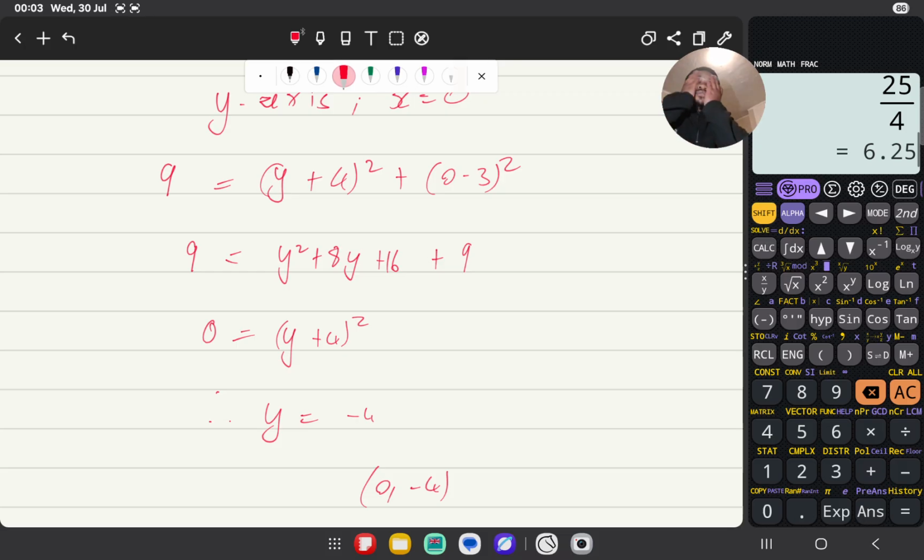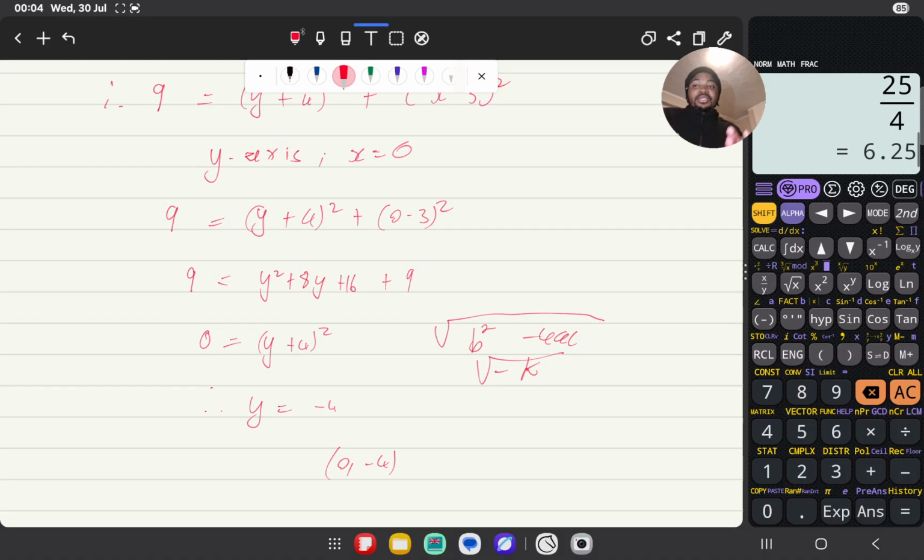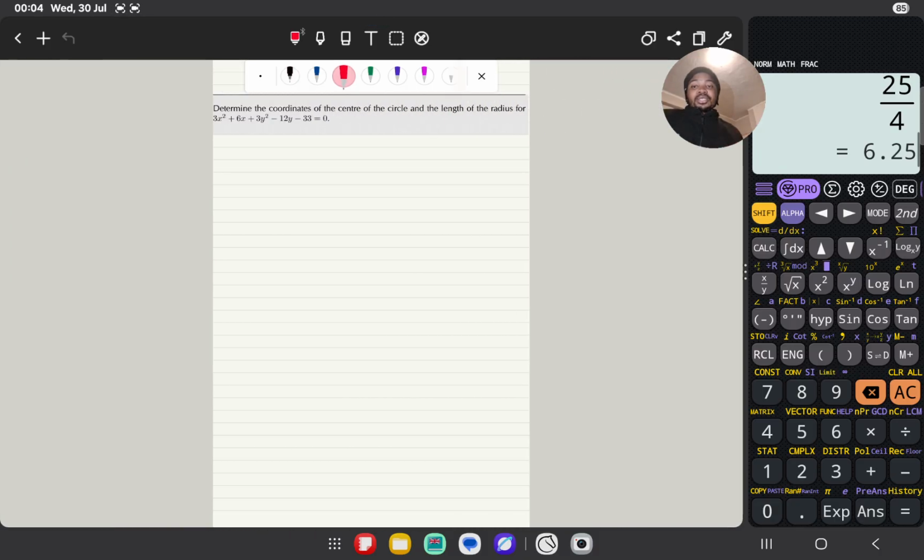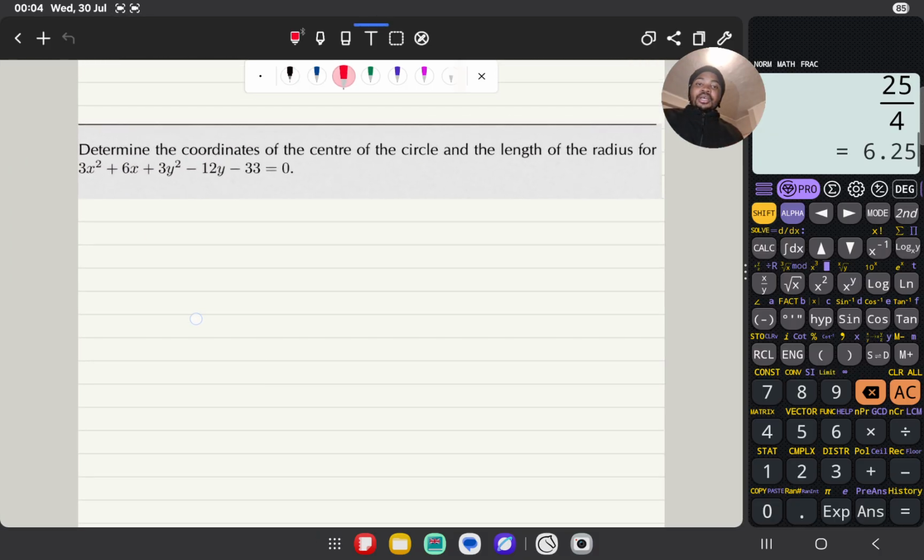A good way is, for example, to use your quadratic equation, where you have b squared minus 4ac. The point where you won't have a solution is if you get the square root of a negative value, and then you would say there's no solution, and therefore our circle doesn't cut the x-axis or the y-axis, depending on what the question was about. Was it about the y-axis or the x-axis? Cool.